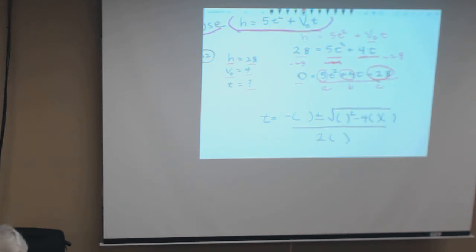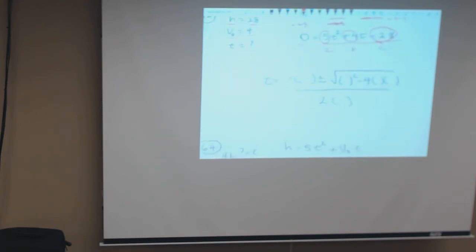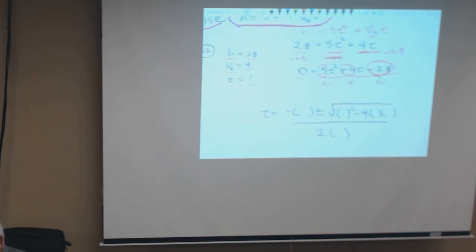Or you could use that thing that I told you about, quadratic formula calculator or quadratic equation calculator, and find your answers. But the computer is not going to set it up for you. You have to set the problem up, and then it'll find the answer for you.